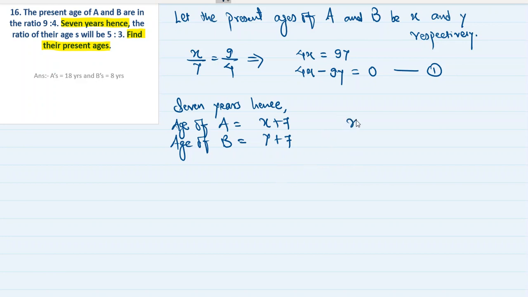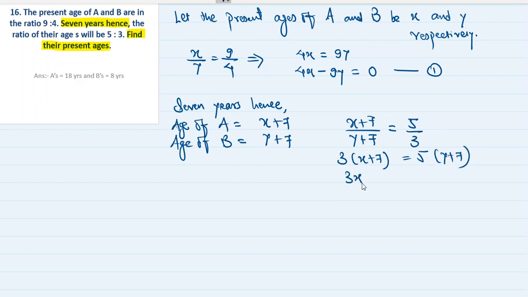So x plus 3 upon y plus 7, sorry, x plus 7. Why am I writing x plus 3? x plus 7 upon y plus 7 is equal to 5:3. Right? The ratio of their ages 7 years hence is 5:3. So this will become 3 bracket x plus 7 is equal to 5 bracket y plus 7.